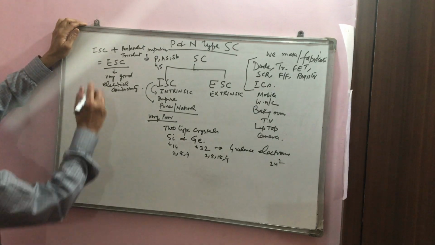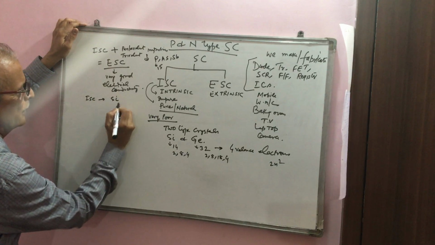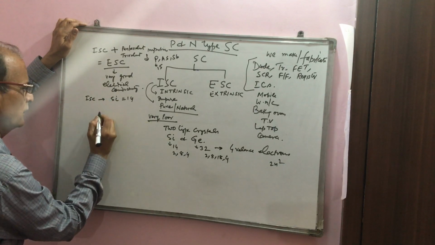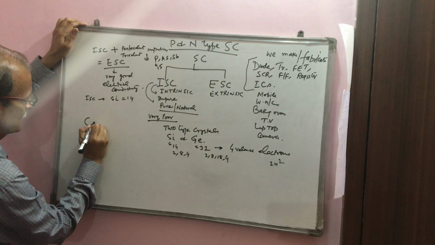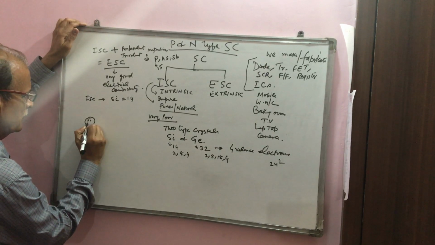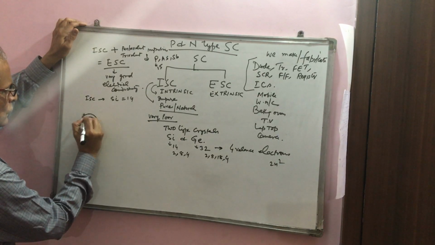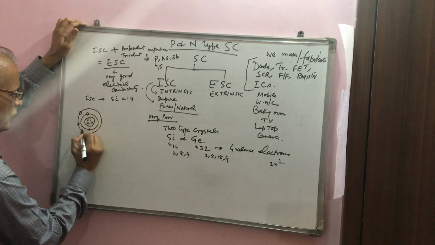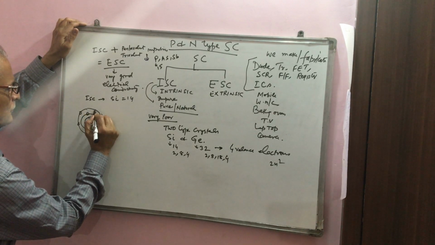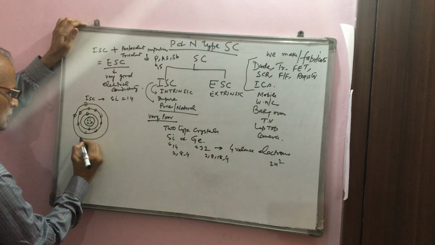How we will get? We know that intrinsic semiconductor silicon has atomic number 14. So its atomic structure is like this: it contains neutrons and protons in the nucleus. First orbit we have 2 electrons, second orbit we have 8 electrons, and third orbit we have 4 electrons.